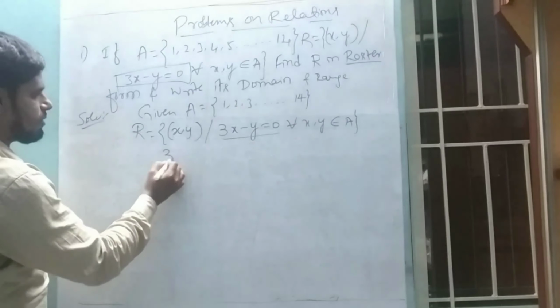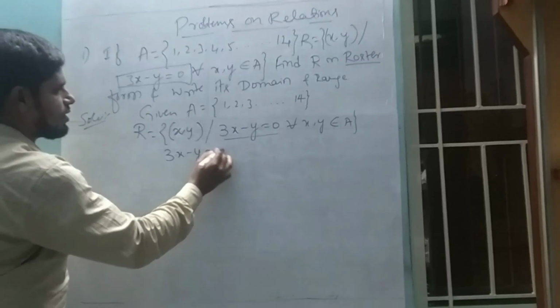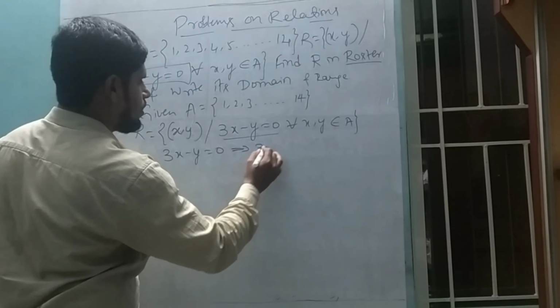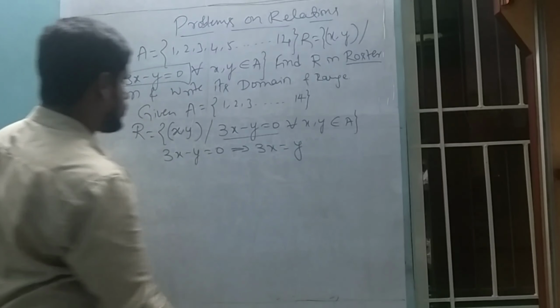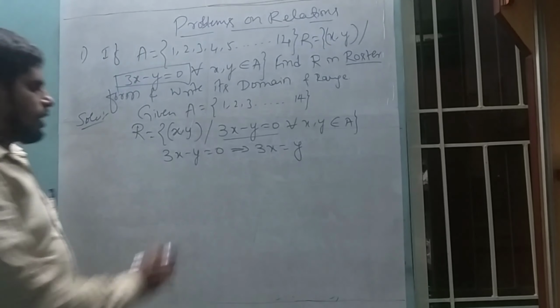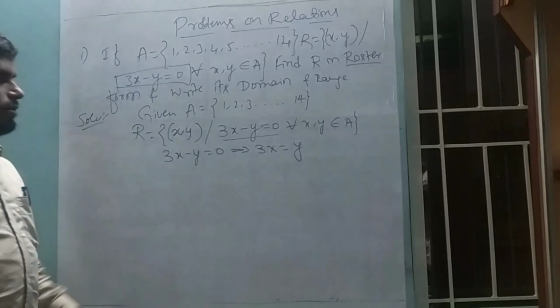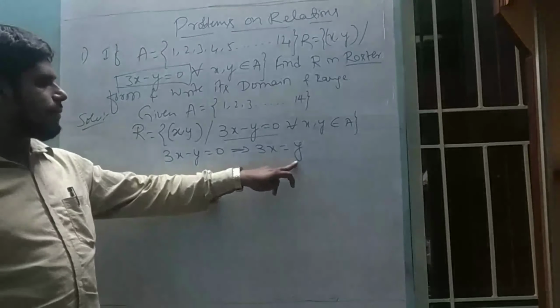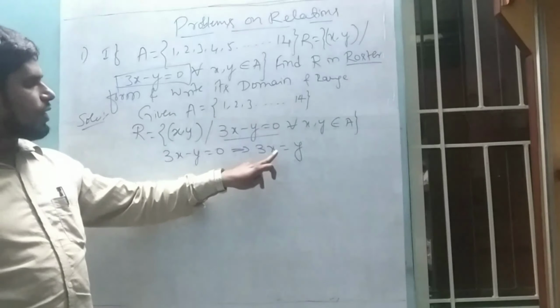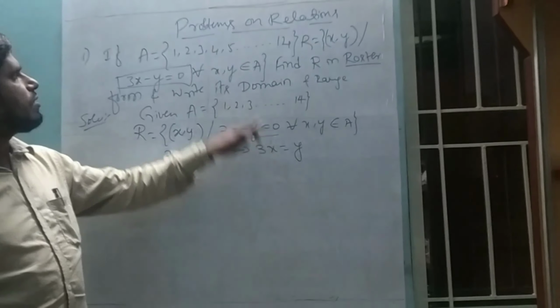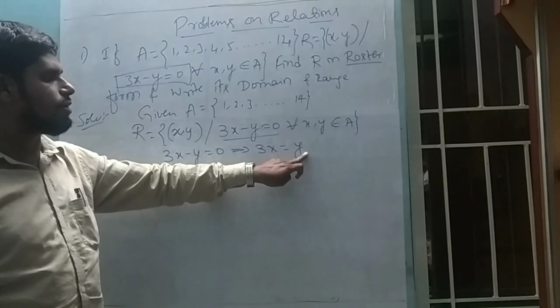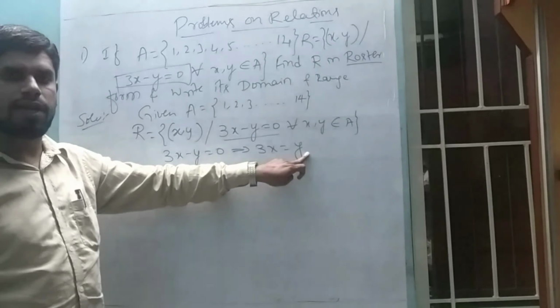Before I go to the relation, let me solve this. 3x minus y is equal to 0, which gives 3x is equal to y. I shifted y to the other side. Now, in this equation, y is dependent on x. I can give any value to x from this set. Corresponding to that, I will get the value of y.